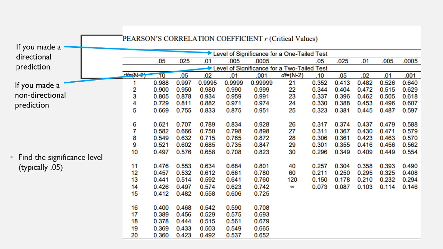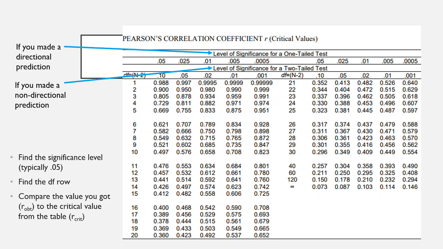So if you're just going to use p equals 0.05, which unless otherwise directed, you should, you would find the significance value of p equals 0.05 in either the one-tailed or two-tailed row. Then from there, you find the intersection of that significance level column with your degrees of freedom row. There will be a single value at the intersection between the significance column and the degrees of freedom row.